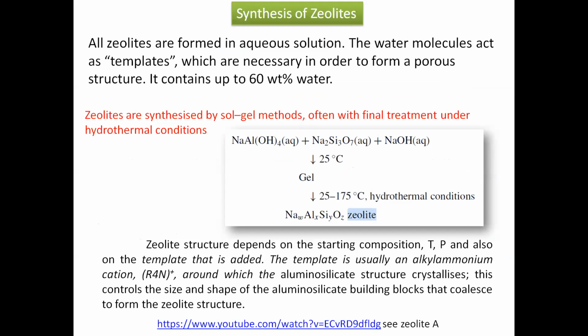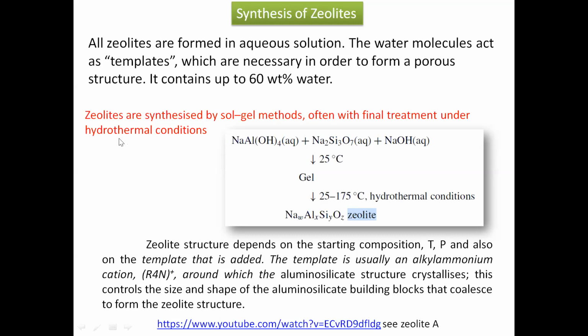In fact, naturally also zeolite forms only where water is there. All zeolites are formed in aqueous solution. The water molecule acts as a template, which is necessary in order to form porous structures. So water itself acts as a template. Instead of water, if you want to get bigger pore sizes, you can put some other molecules, which act as a template.